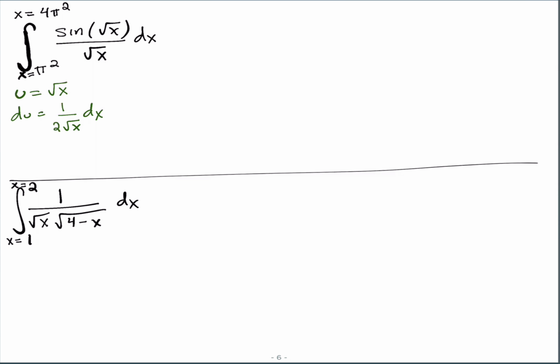It is, right? Because notice I basically have 1 over root x dx, so I can just multiply by 2 on the bottom and 2 on the top. So then this right here, dx over 2 root x, that's equal to du, right? And so what is this equal to?